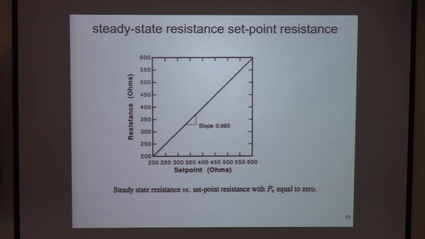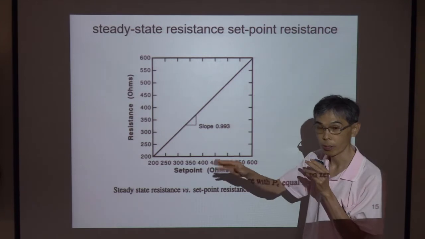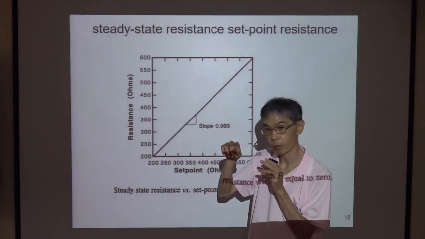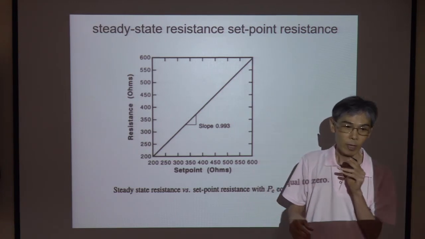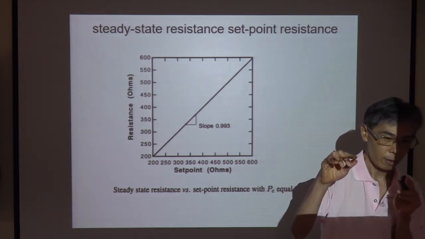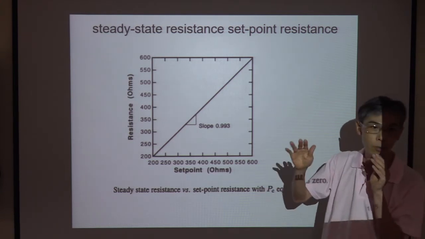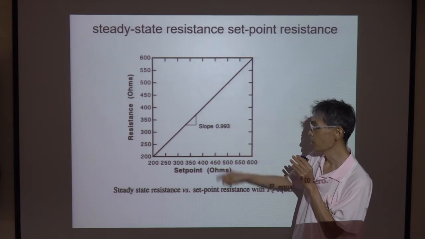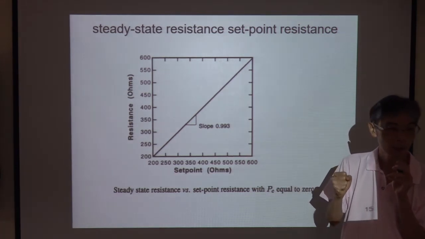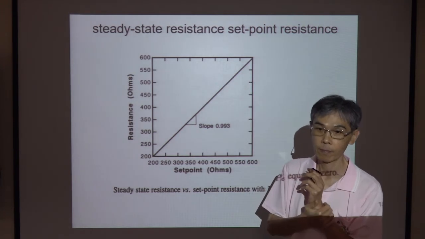Should be 1. Okay. So in this case, we use a KP controller, a proportional controller, without integrator or differentiator. For this simple controller, the slope is 0.993, very close to 1. So it means our controller is good enough.